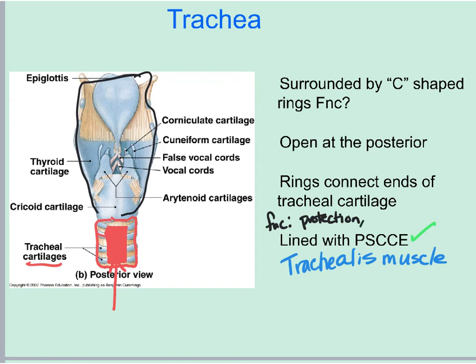The epithelium has goblet cells embedded between it, and goblet cells, as you recall, produce mucus. And the cilia on the surface of those cells move that mucus up and out of the body, and that mucus is going to trap pathogens, debris, microorganisms, whatever the case may be. So the goblet cells embedded between the epithelium make the mucus that traps pathogens, and the cilia beat that mucus up and out of the body so it doesn't get down any further into the lower respiratory tract.